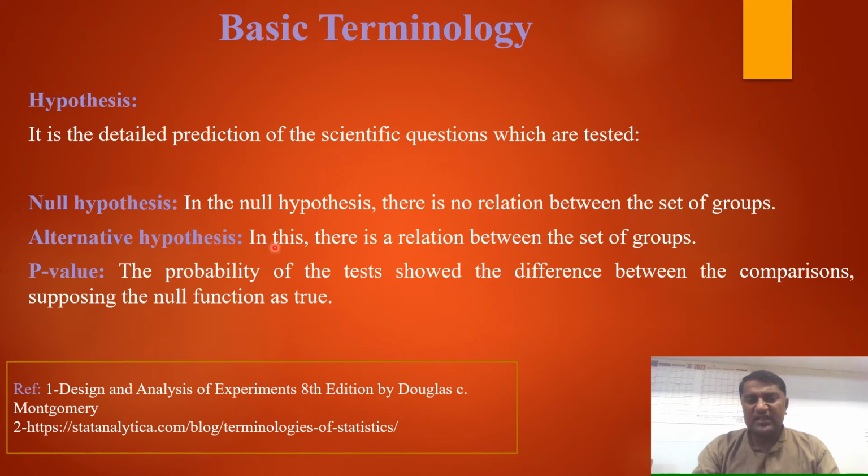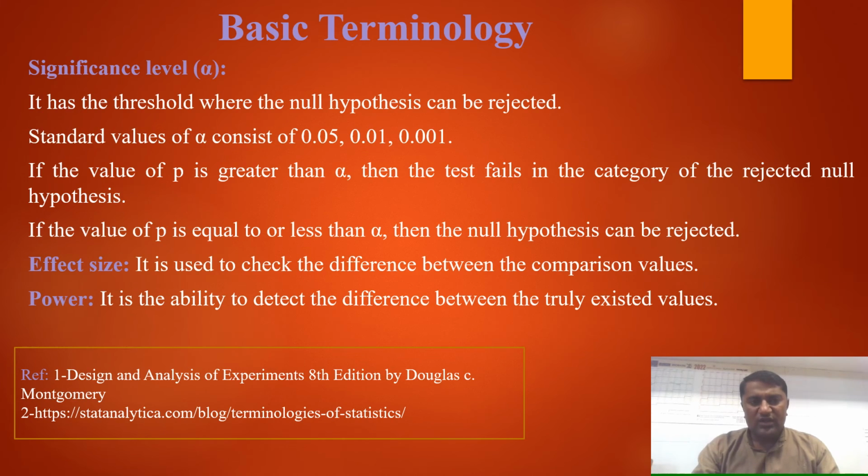Alternative hypothesis: in this there is a relationship between the set of groups. And the p-value is the probability of the test showing the difference between the comparison, supposing the null hypothesis is true. The next terminology is the significance level, indicated by the alpha level, which is the threshold where the null hypothesis can be rejected.